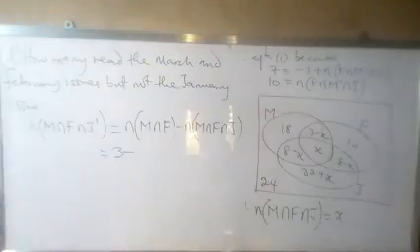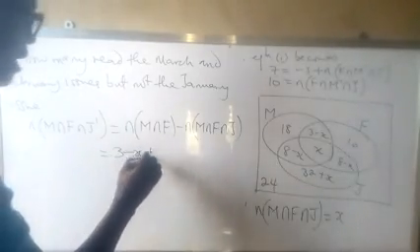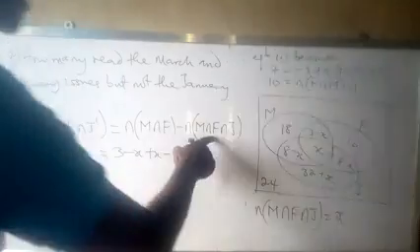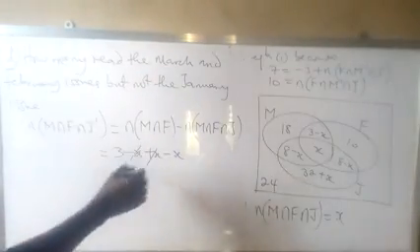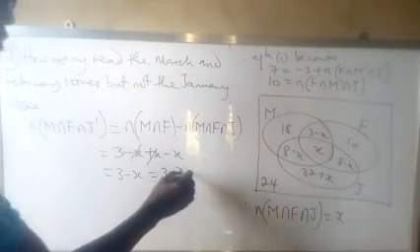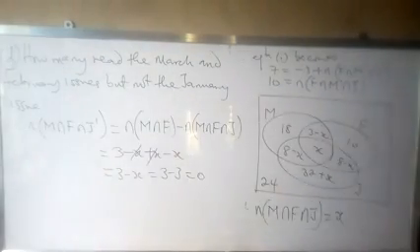So it's 3 minus x plus x minus x. Yes, because the entire March and February is 3 minus x plus x. Then you subtract x because x is for the point of intersection of all of them. So this cancels this, and that will be 3 minus x, which is 3 minus 3, which is 0. So nobody read the March and February issues but not the January issue.